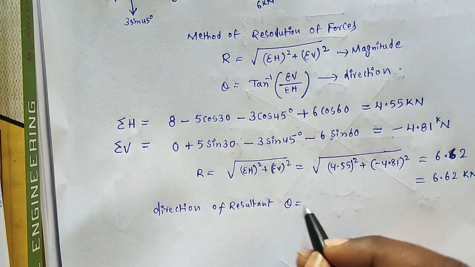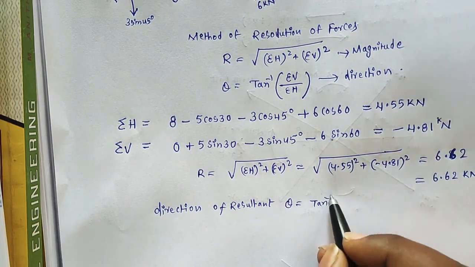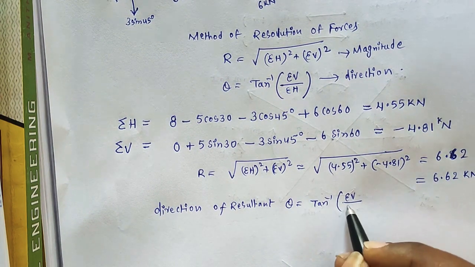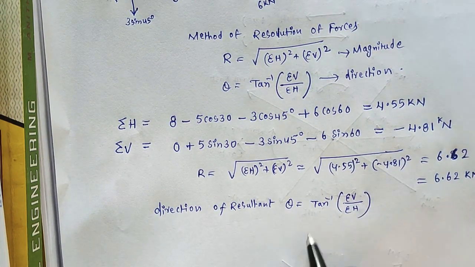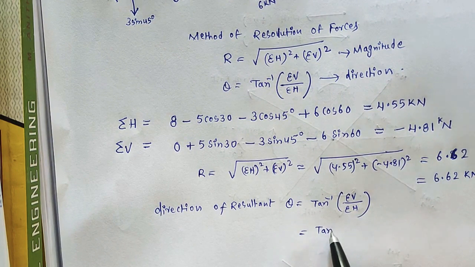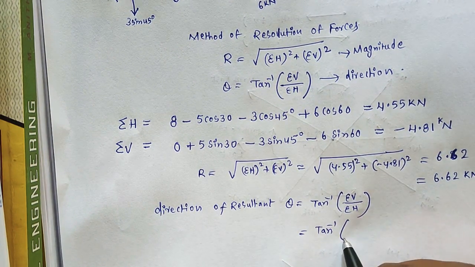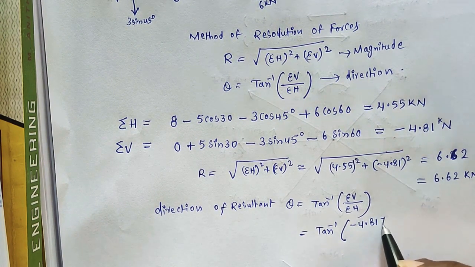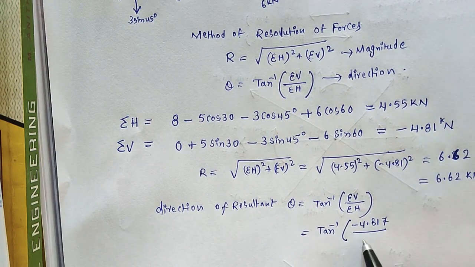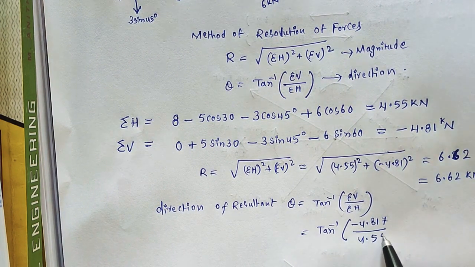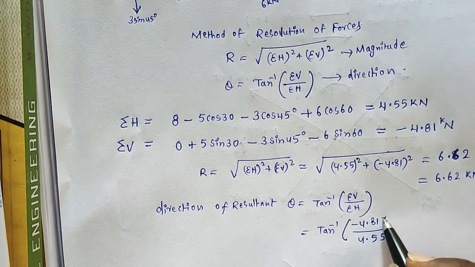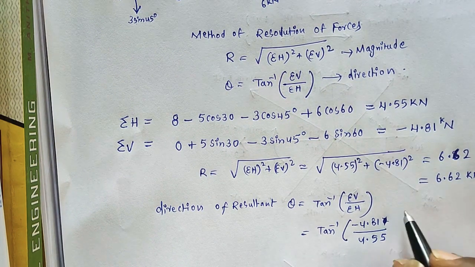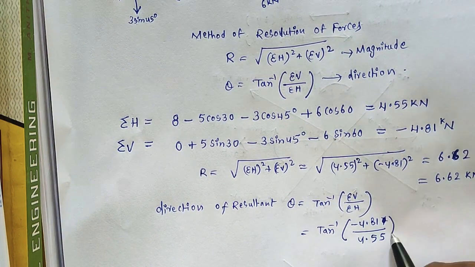Theta equals tan inverse of sigma v by sigma h. So tan inverse of sigma v, which is minus 4.81, by sigma h, which is 4.55.